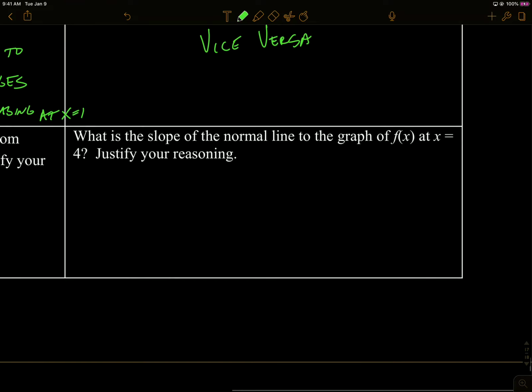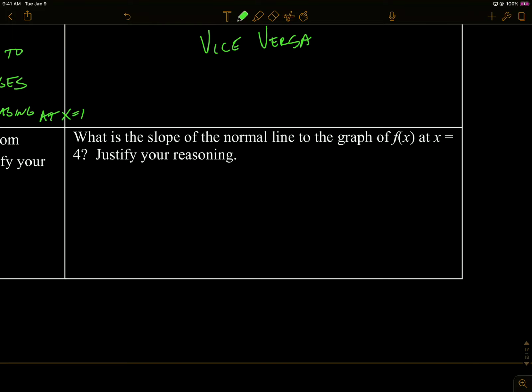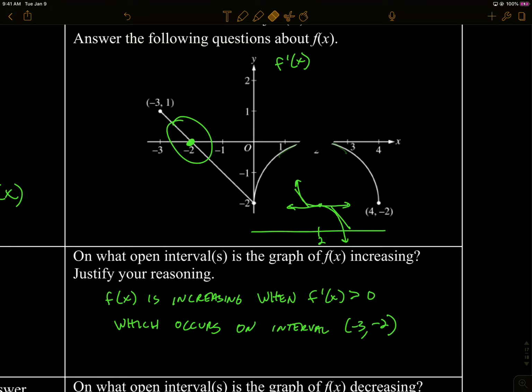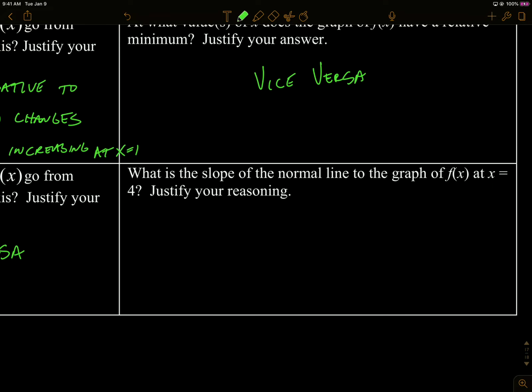What is the slope of the normal line to the graph of f of x at x equals 4? So they're asking about f, okay? The slope of the normal line of f. I don't have a graph of f. I have a graph of f prime. So at 4, if I go find the y value on f prime, I get -2. So I know that f prime of 4 is -2.